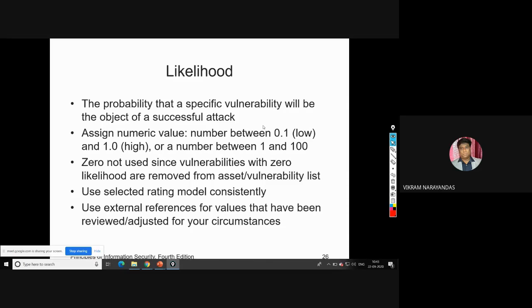So you can give some rating here and assign numeric values, from 0.1 to 1.0, low to high, or a number between 1 and 100. Zero means no vulnerabilities, and 1.0 or 100 is high vulnerability.